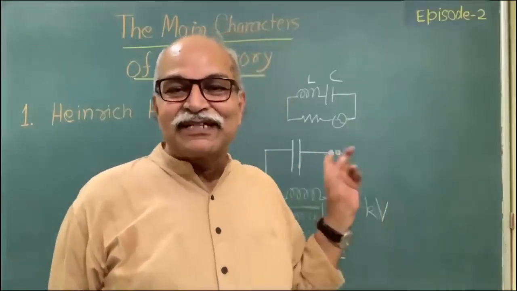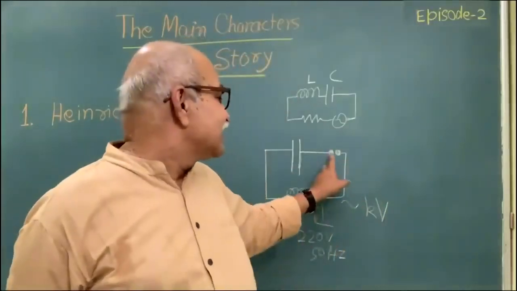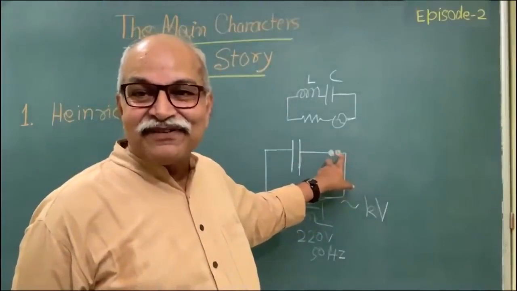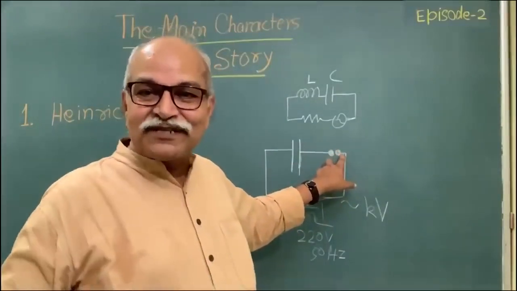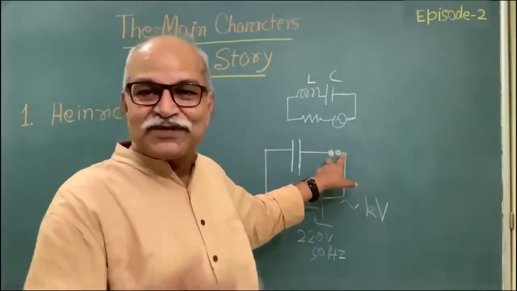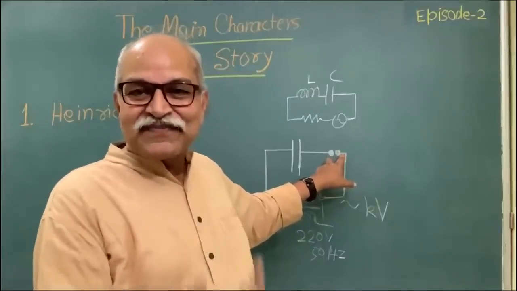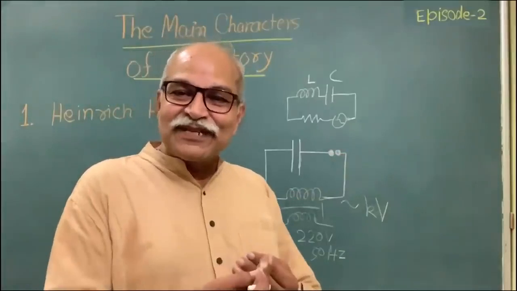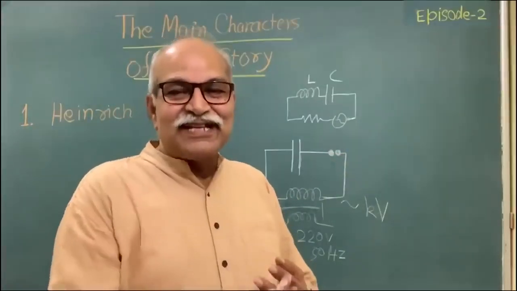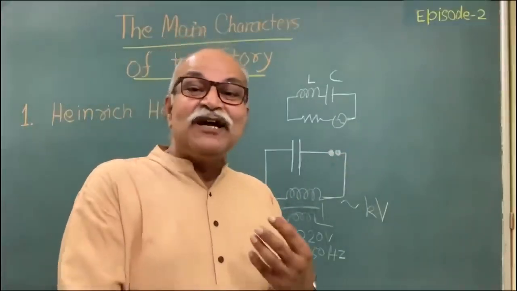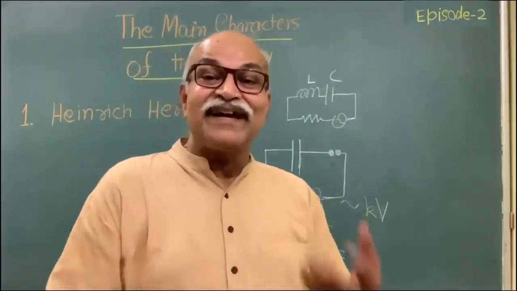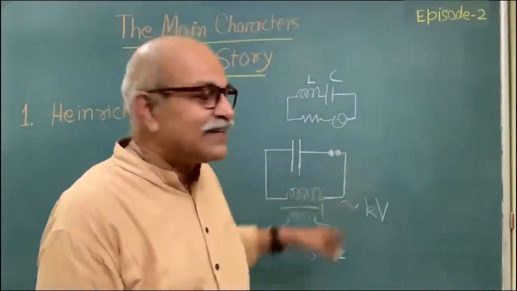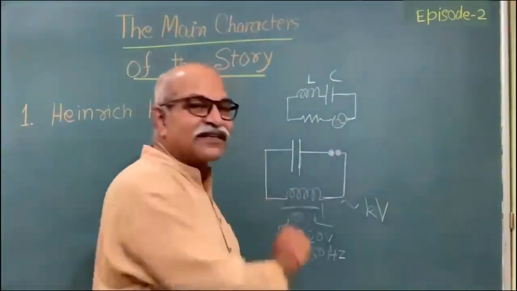The electric field in this gap can exert forces on the electrons of those air molecules, and if the forces are strong enough, then those electrons can come out. And if they come out, then you have free electrons which can move, and ions, and then this becomes conducting. It's as if you have completed the circuit.